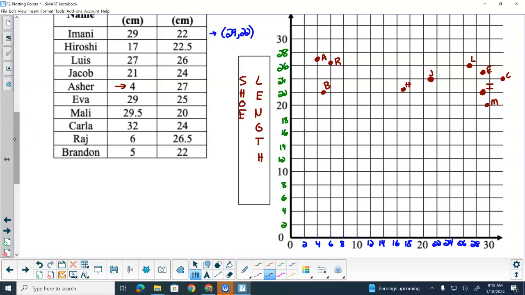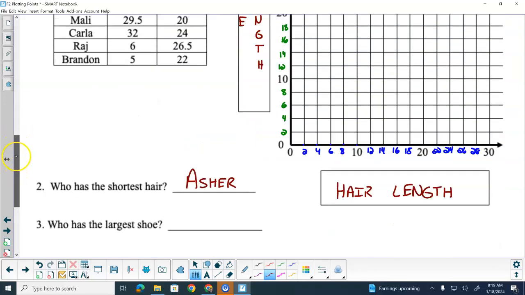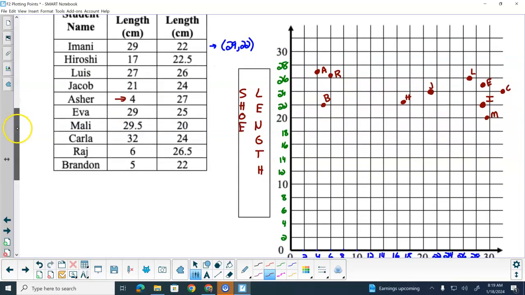Anita, we're up to you and going around the room now. Who's got the biggest shoe size? Still Asher? Okay. So how did you find that Asher had the biggest shoe size?